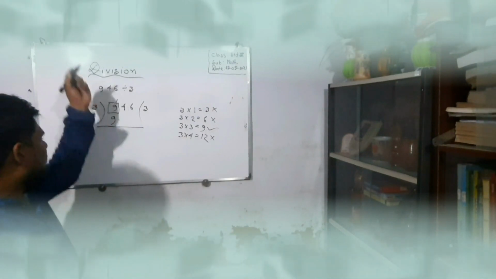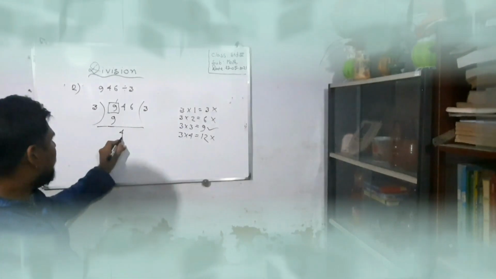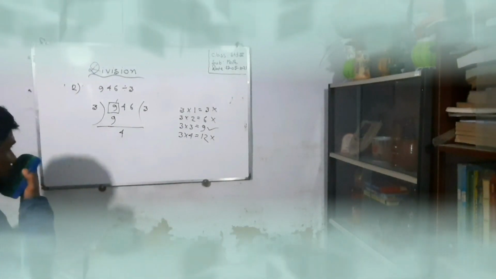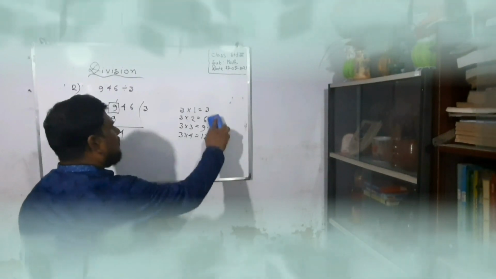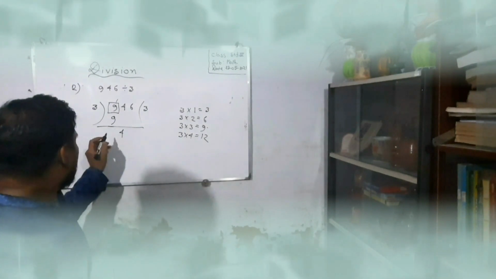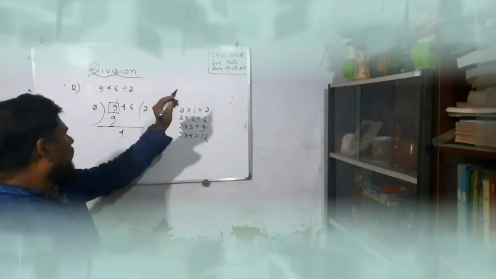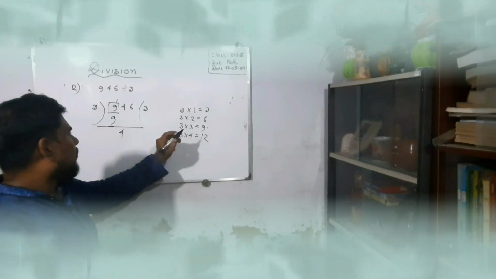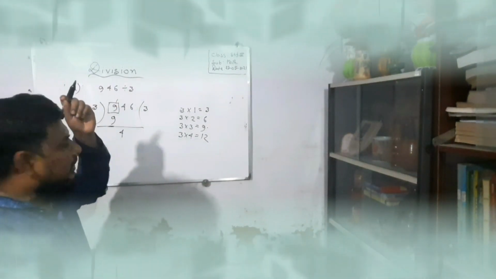Then 4 down. Then look at the table of 3. Which digit will you take?